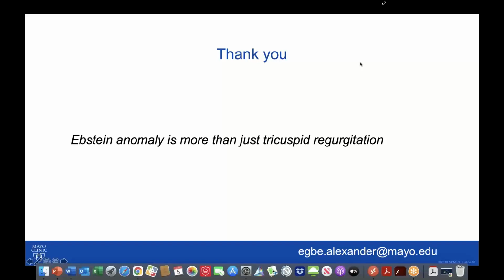Part of how this has changed our practice is being able to identify these people with LV dysfunction and hopefully treat them, not just giving them lisinopril 5 milligrams. You give them the maximum tolerated dose, because that's what the clinical trials show, that the higher the dose, the better the response. And it should work since it's the LV, but we've not really looked at that.